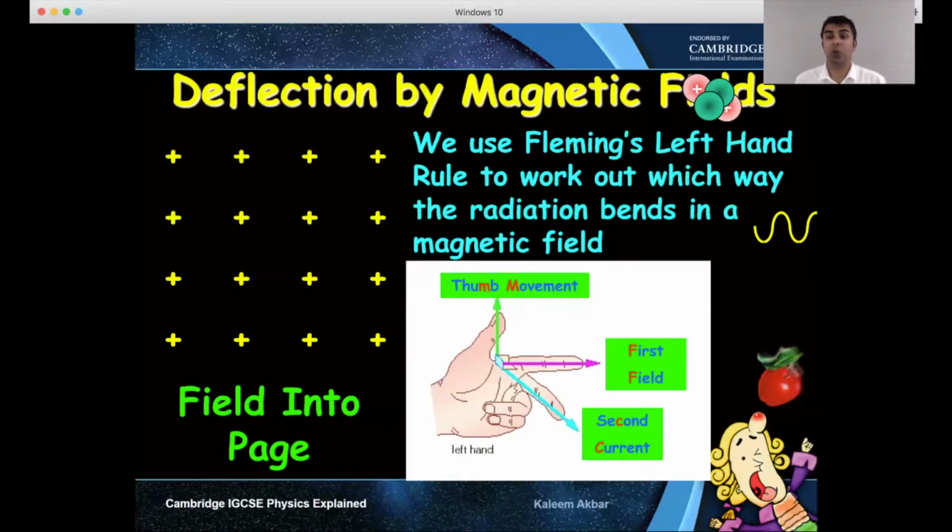In order to do Fleming's left-hand rule questions, you will always be given two things, and you need to figure out the third. It's a bit like using a formula. The key, however, is to keep your fingers at right angles to one another. What I see a lot is students changing their fingers, moving them around. They must stay at right angles. Look, right angle there, right angle there.